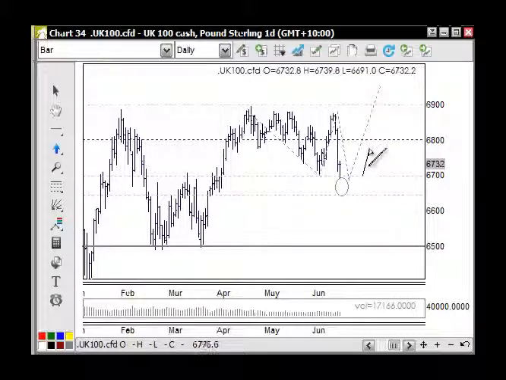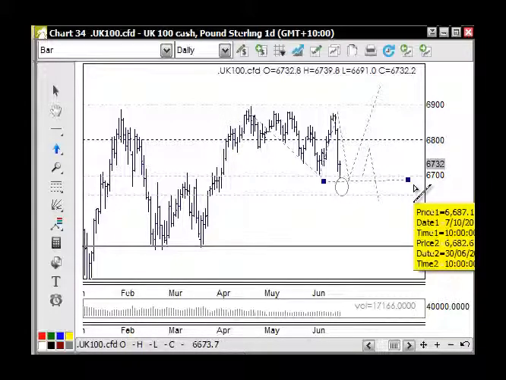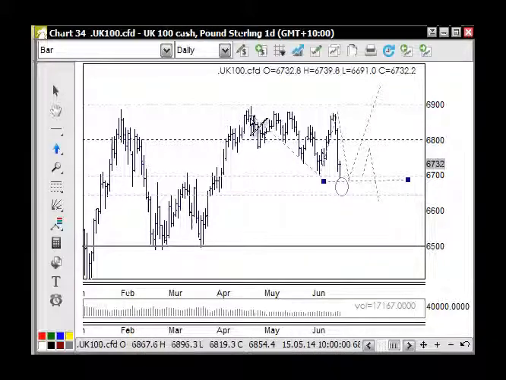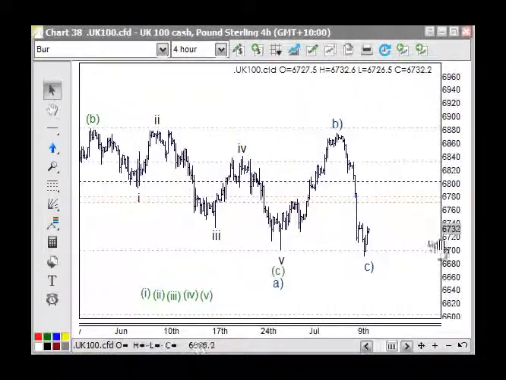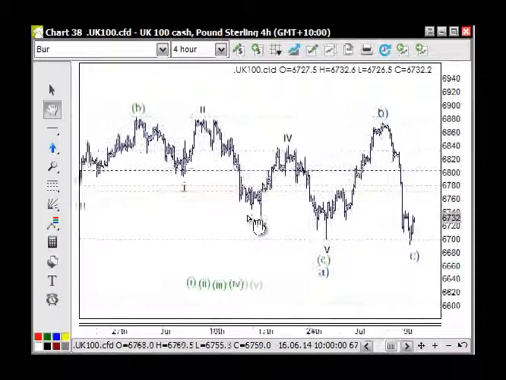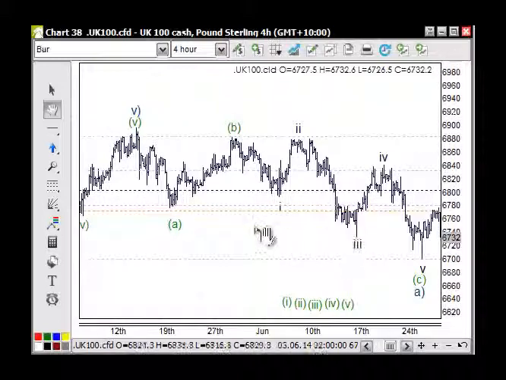If it only moves halfway up and moves back down through here, taking these lows out here, then we've got a bearish picture. This is going to unwind to the downside. So once again, it's a longer term correction than the DAX, but it's the same sort of pattern that we're looking at, but it must move up from this point here. And the Australian market's much the same as well. But before I get there, this is how I've labeled this here.